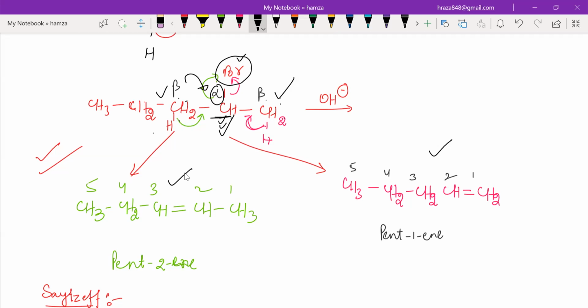Okay, this is what you are saying. Sir, the alpha carbon makes a double bond with the beta carbon. Am I audible? Yes, sir. Okay.